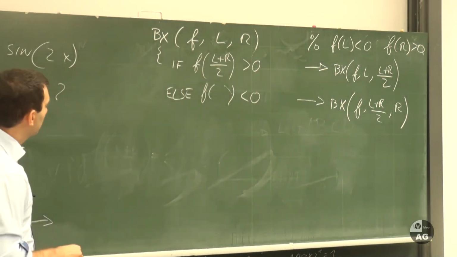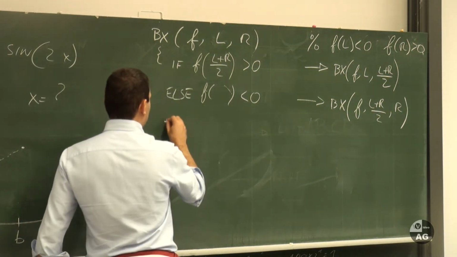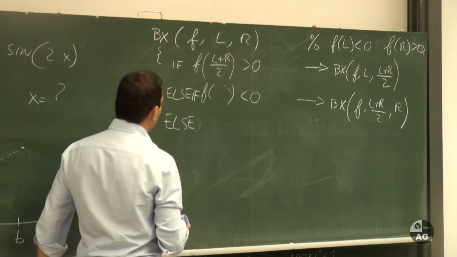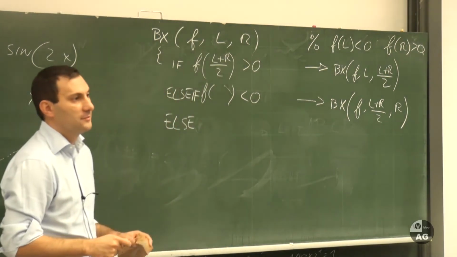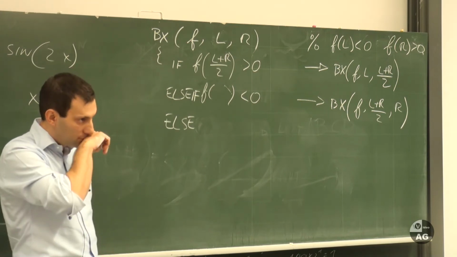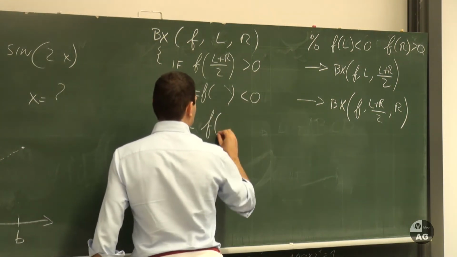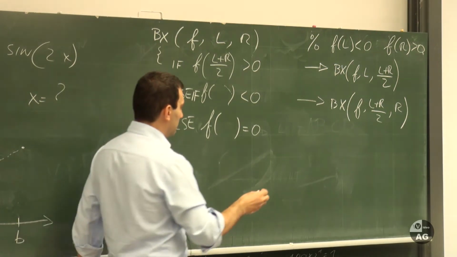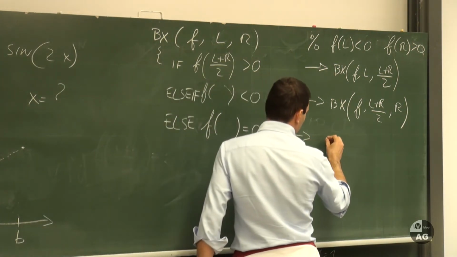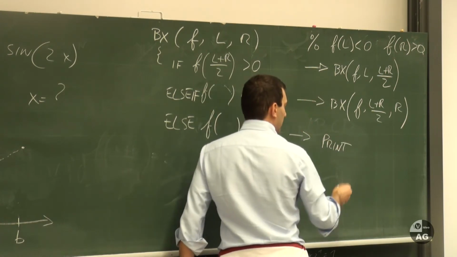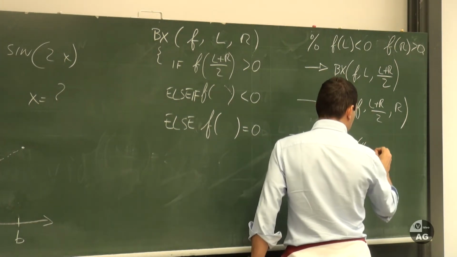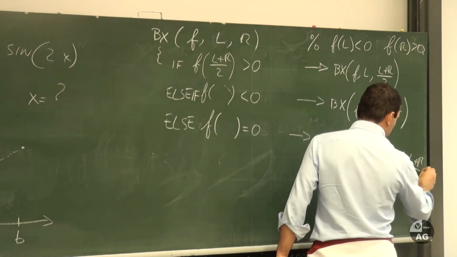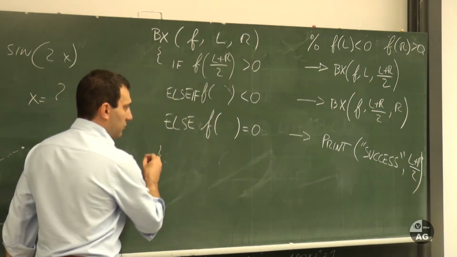We can do else if, else if, then else. It doesn't matter, okay? But what should we test? What do we do then? We print success and maybe we return L plus R divided by 2.